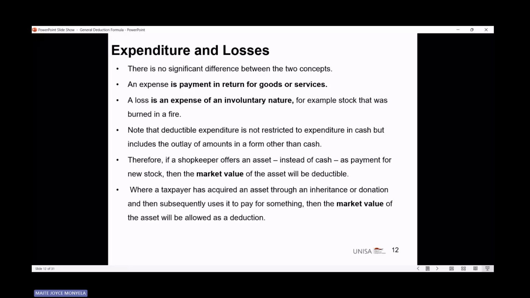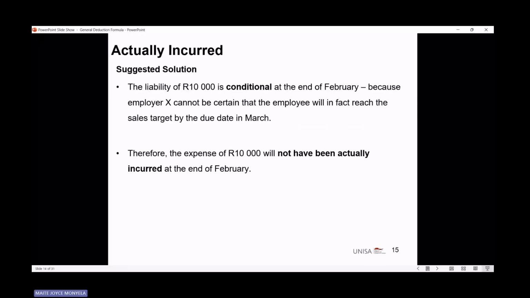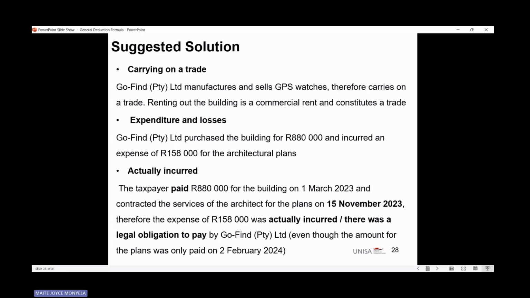In this instance, the expense is a payment in return for goods and services. Yes, it qualifies as an expense because they paid money for it. They purchased a building, they paid money for this building, and they also paid for the architecture plan. Yes, it's expenditure and losses.